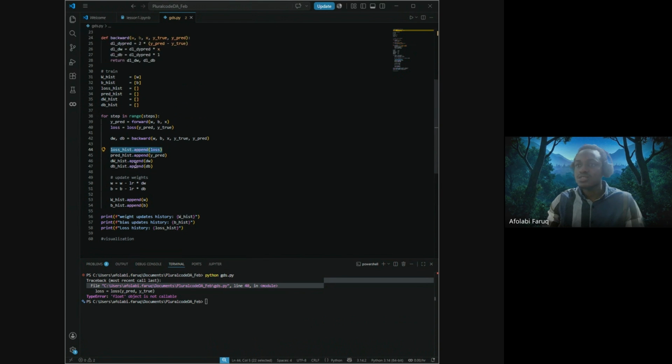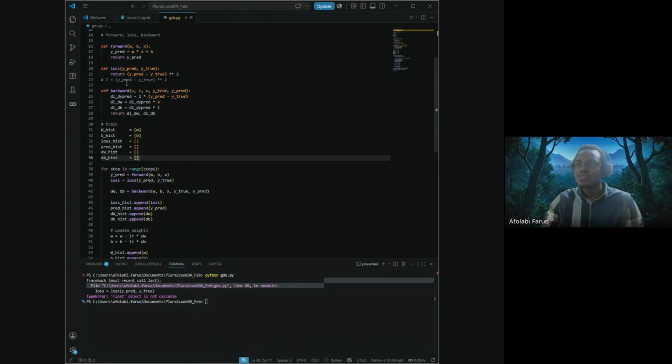Loss lists. Loss function. Okay, so that's the function loss.